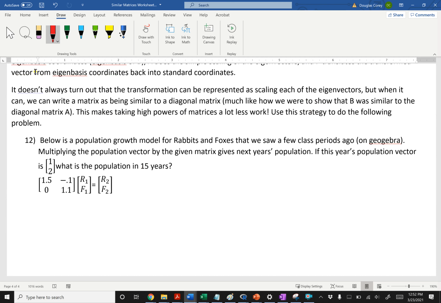So if we're starting off with 1 rabbit unit, maybe that's 1,000, and 2 foxes, maybe that's 200 foxes or 20 foxes or something. I'm just not worried about those units right now. What's the population in 15 years? So notice that the more foxes there are, the larger the decrease in the rabbit population.